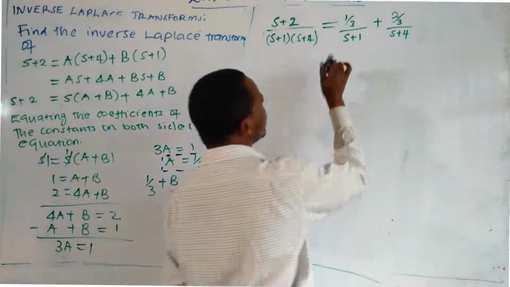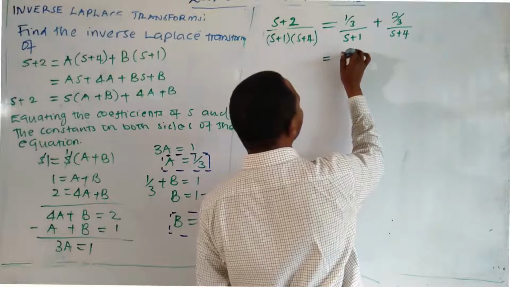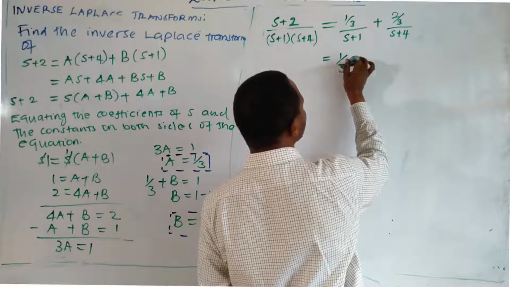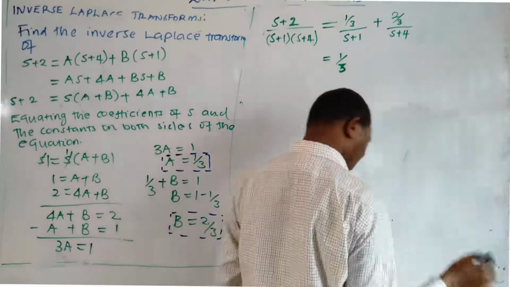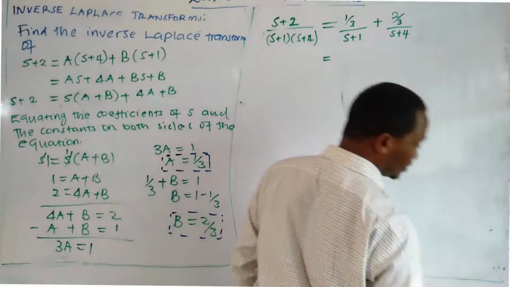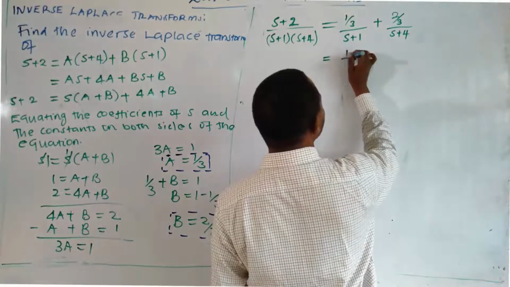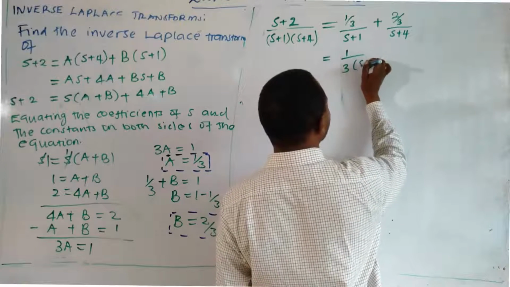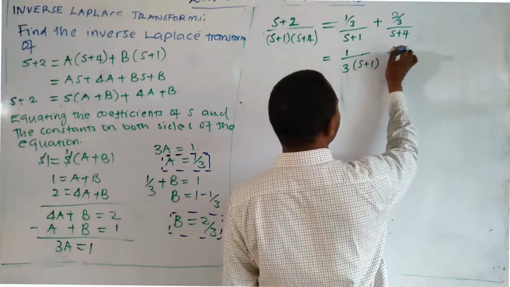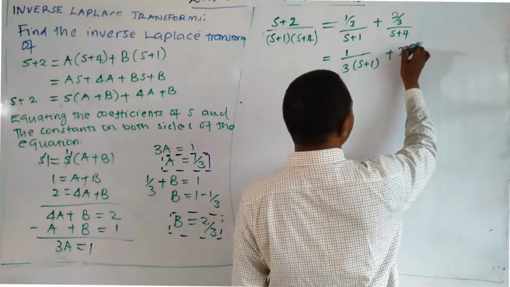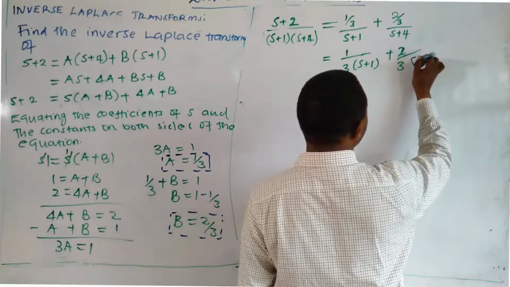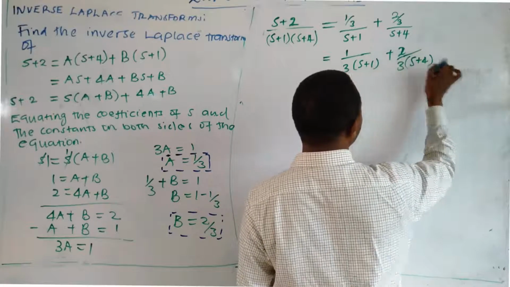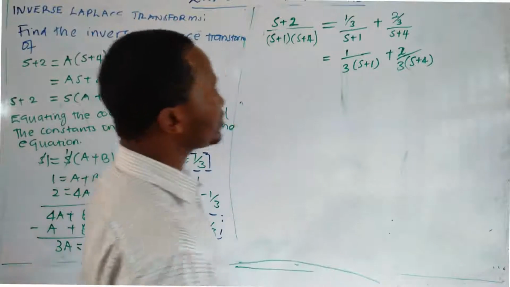If you want, you could simply write it as 1 over 3 times s plus 1, plus 2 over 3 times s plus 4. You can write it like that. There is no problem.